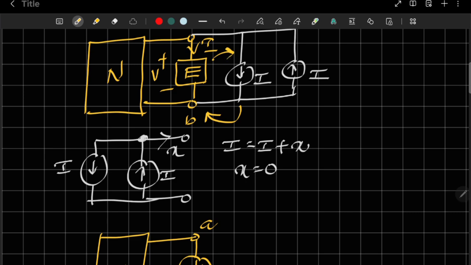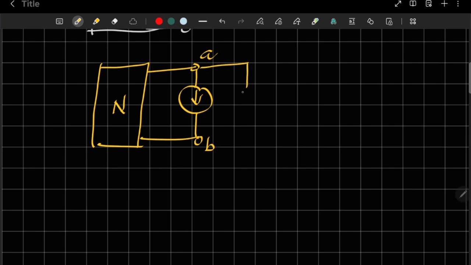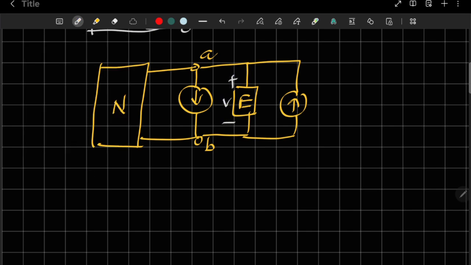I am just changing positions. Nothing will happen because of that, because these three elements are in parallel, and in parallel we can interchange the elements. So I keep the element, and another current source, and I am not touching this one. It will be like this. The voltage across element E is V, the current passing through it is I, and the voltage across this one will be V only, because in parallel the voltage is the same, and the current value is already given as I.